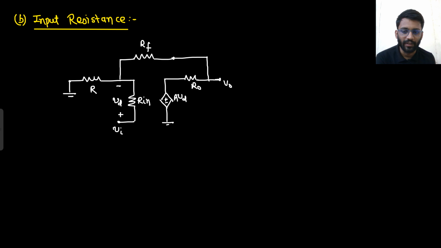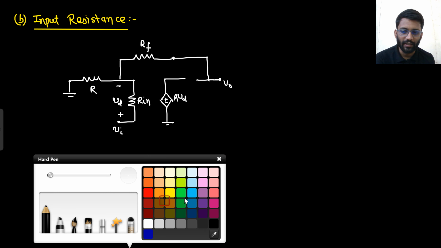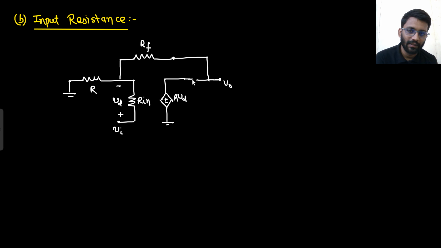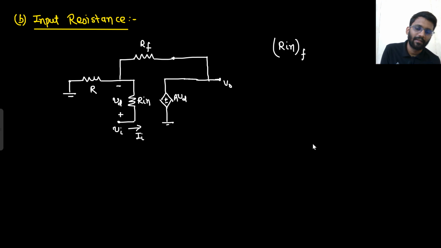The assumption is that R naught is 0, because I don't want R naught in my final answer. I am finding input resistance, so my target is, this is your V in, you get I in out of it.